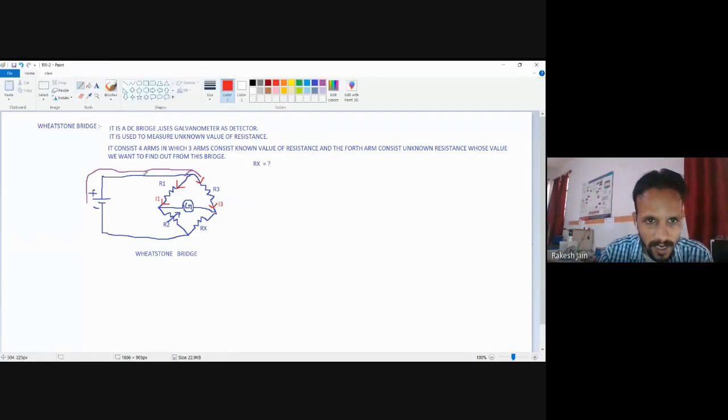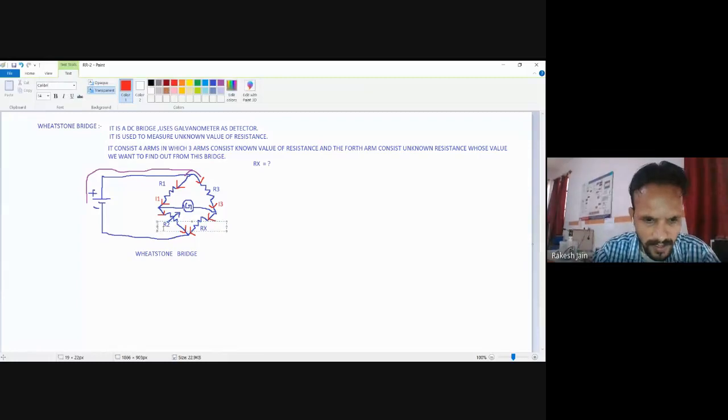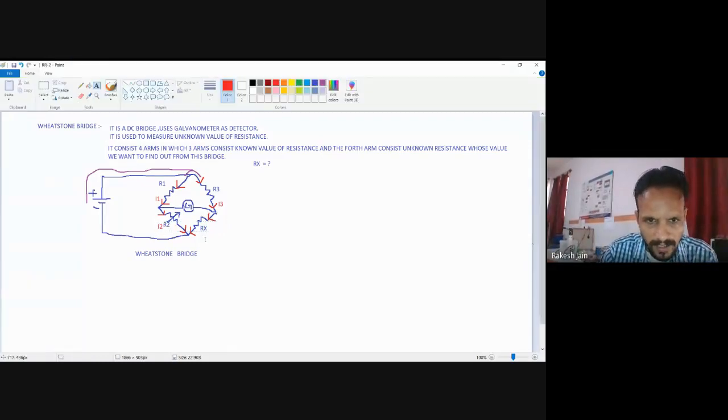The current from this R2 resistance will be in this direction. Because the current I3 comes here, it will also go into Rx with some different value. Let the current from this R2 resistance be I2, and the current from this Rx resistance be Ix.